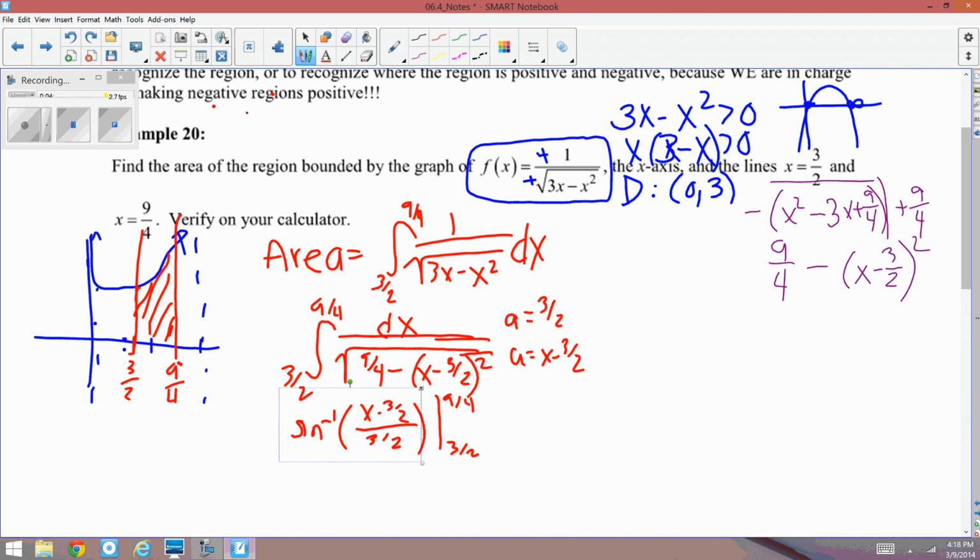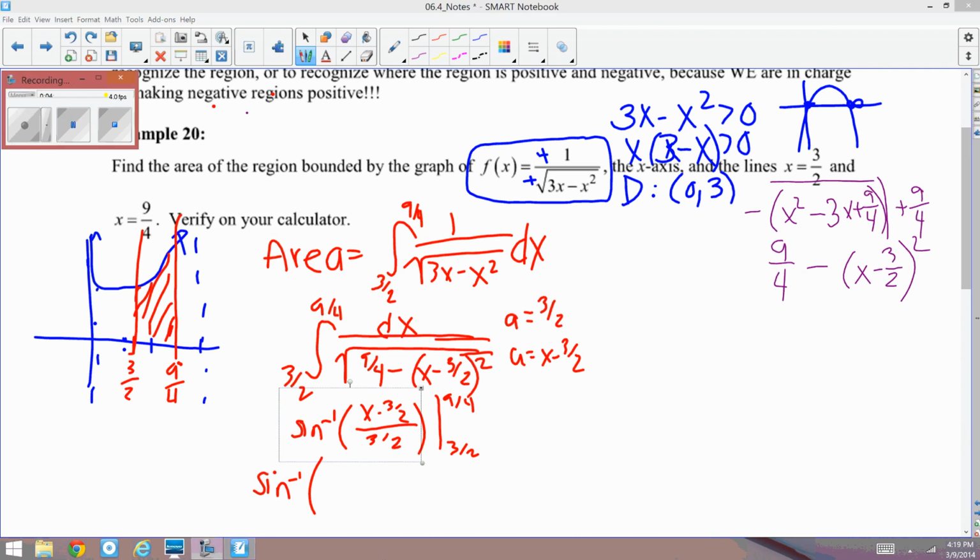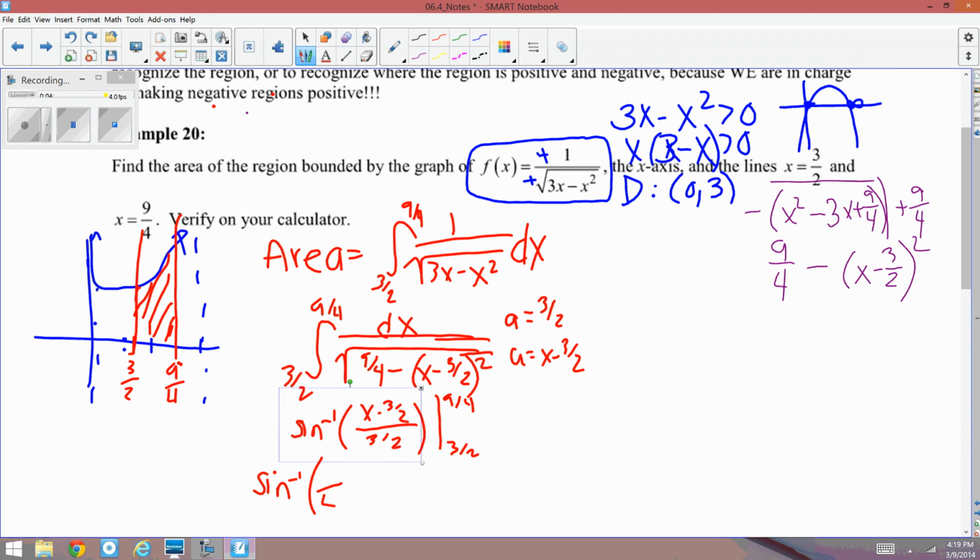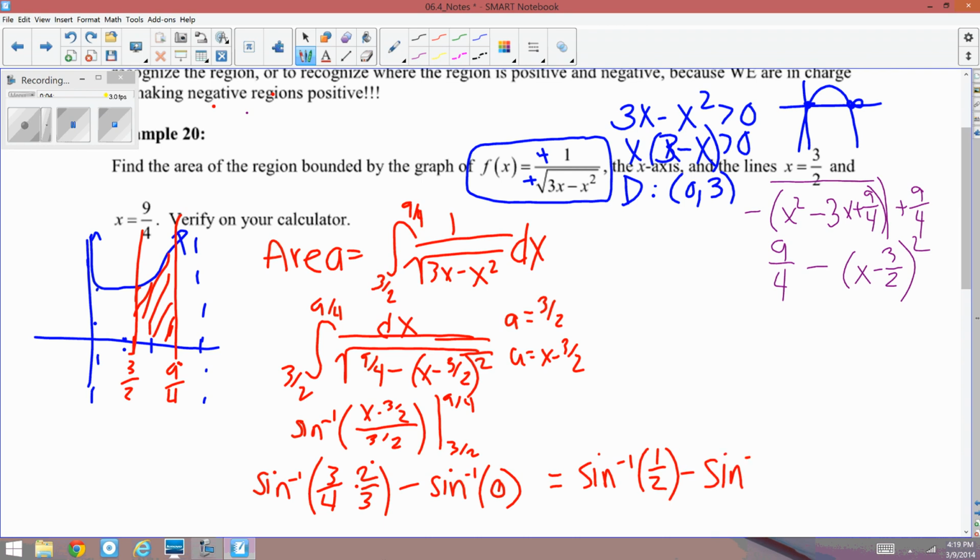The 9/4 part wouldn't be too bad: 9/4 minus 3/2 would just be 3/4, and then instead of dividing by 3/2, I'm going to multiply by 2/3. Minus arc sine, or inverse sine, of 3/2 minus 3/2, which is just 0. Simplifying this, I get inverse sine of 1/2 minus inverse sine of 0.